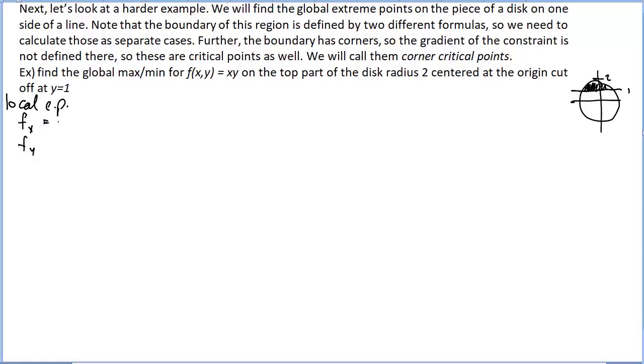For the function, fx is just y and fy is just x, and all of those must be equal to 0. So that tells us immediately that the local critical point is 0, 0. But now let's look on our diagram. 0, 0 on the graph is over here. Note that this is not on the region.